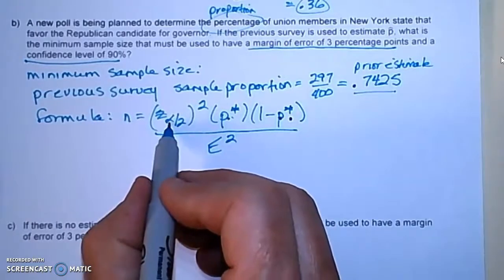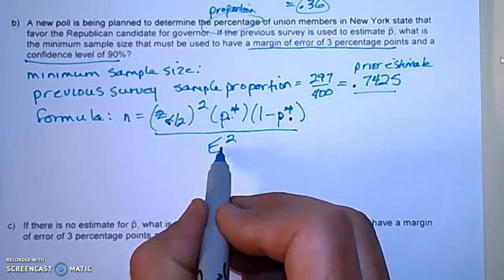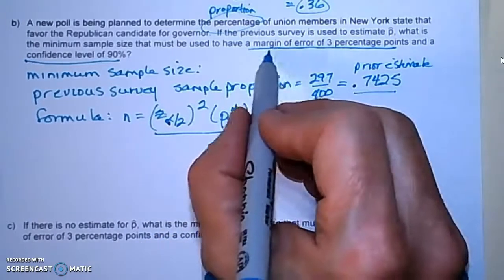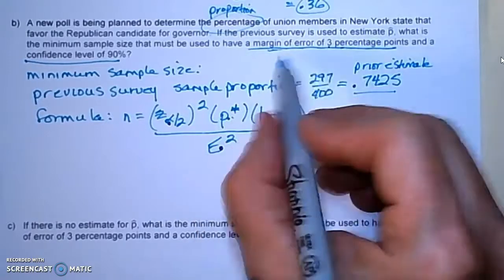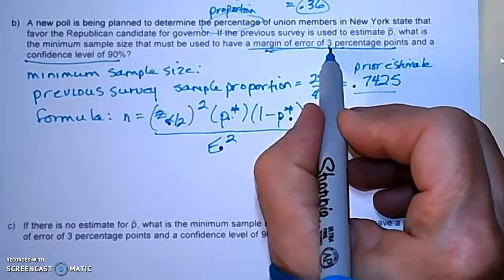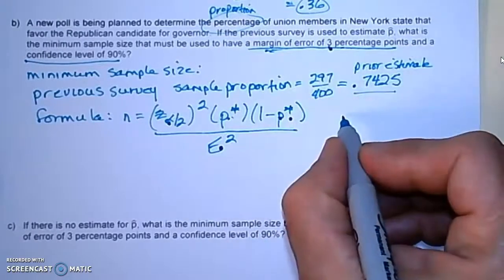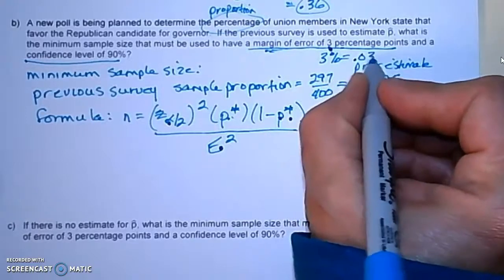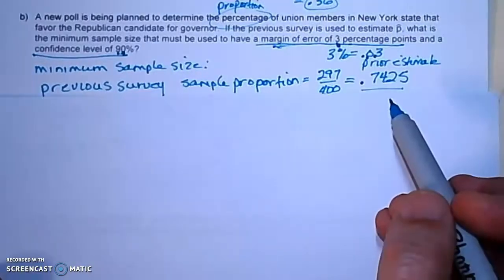We need to find our critical value, and we need to know what the E is to put in here. The E part is easy because they give that to us in the problem. They say the margin of error has to be 3 percentage points. 3%, we're going to have to change to a decimal, so we're going to make that 0.03. The next thing I need to know for the formula is my critical value.